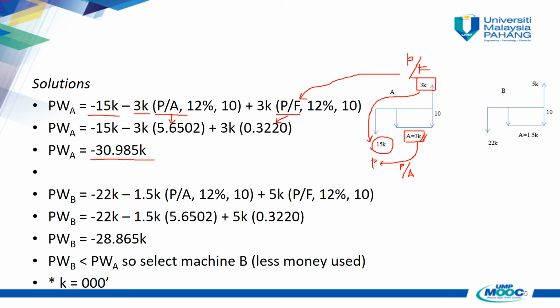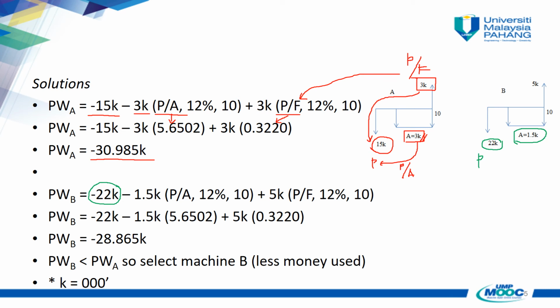We will see that we purchase at 22,000 directly. This is our P there, no problem. But to operate this machinery B, we need to use our money per annum, 1.5 thousand.